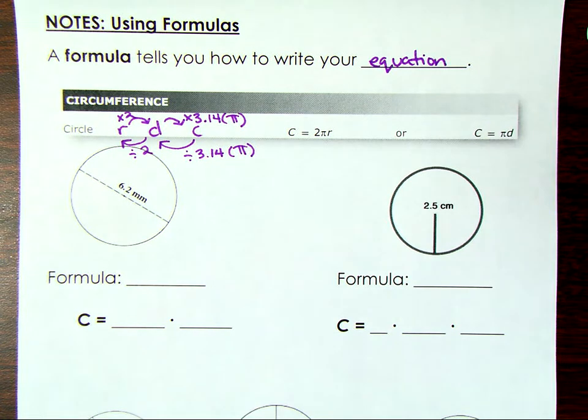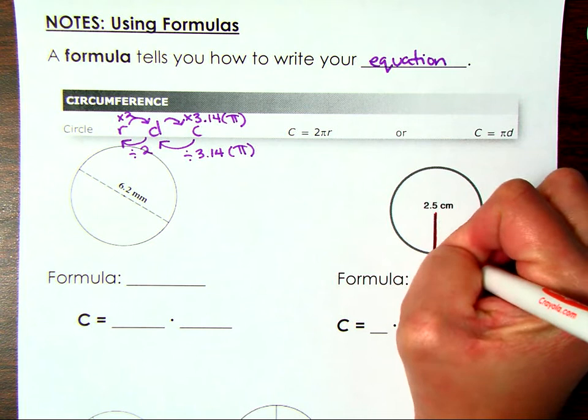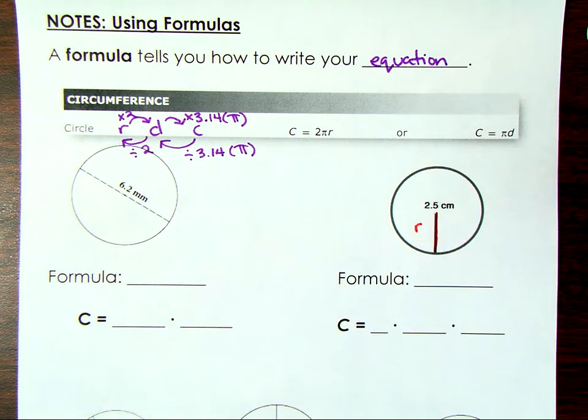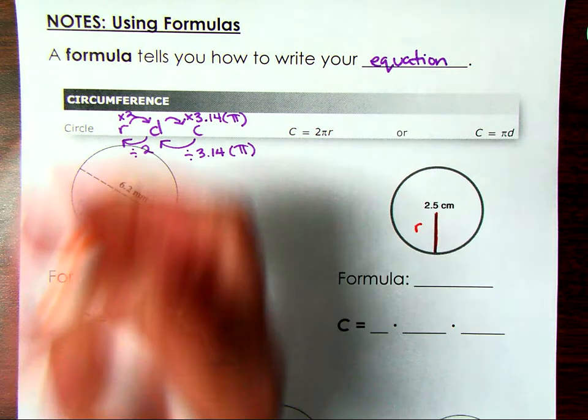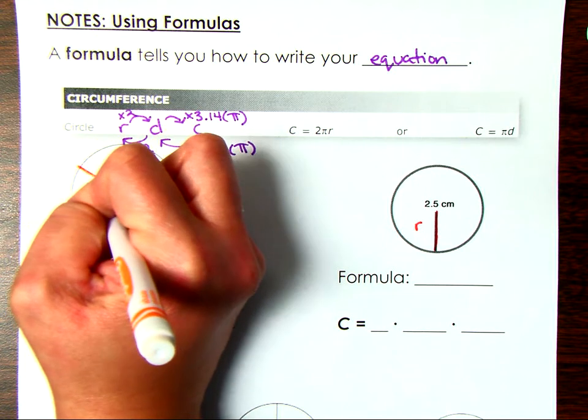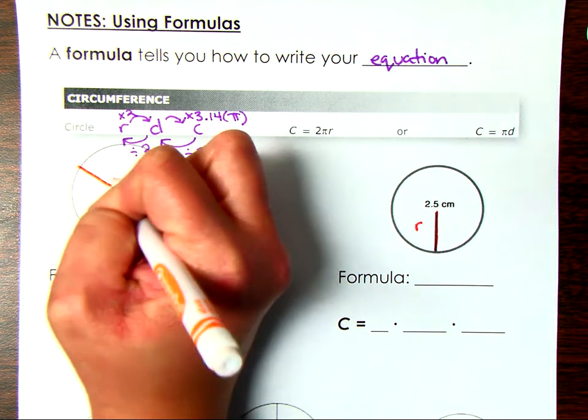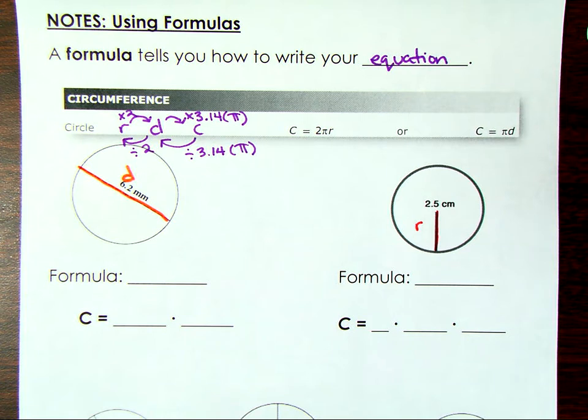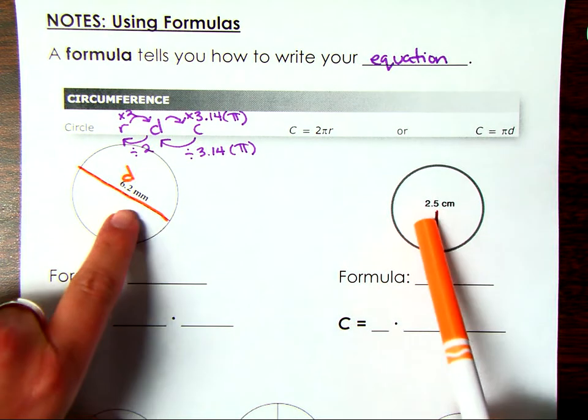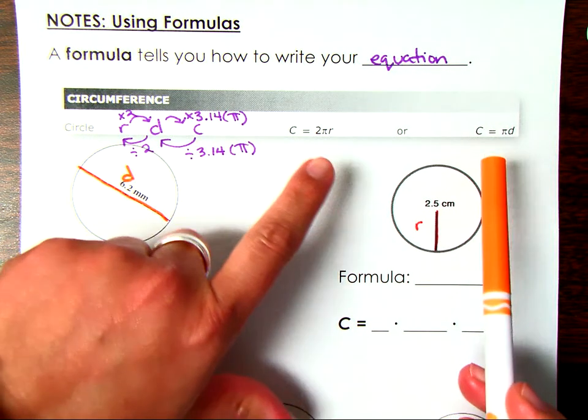So what we're going to look at today is we're going to always identify your information first. The radius is from the center to the edge, so that's my radius. My diameter is from the edge or the outside through the center to the other outside. So you have to identify the numbers that are given so you use the correct formula.